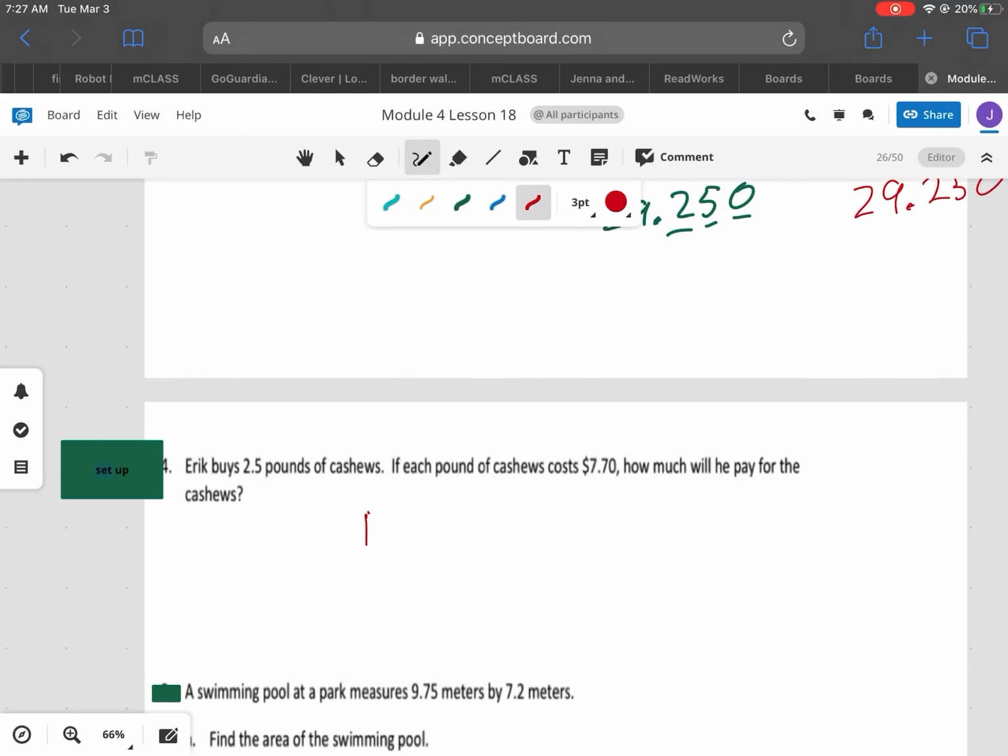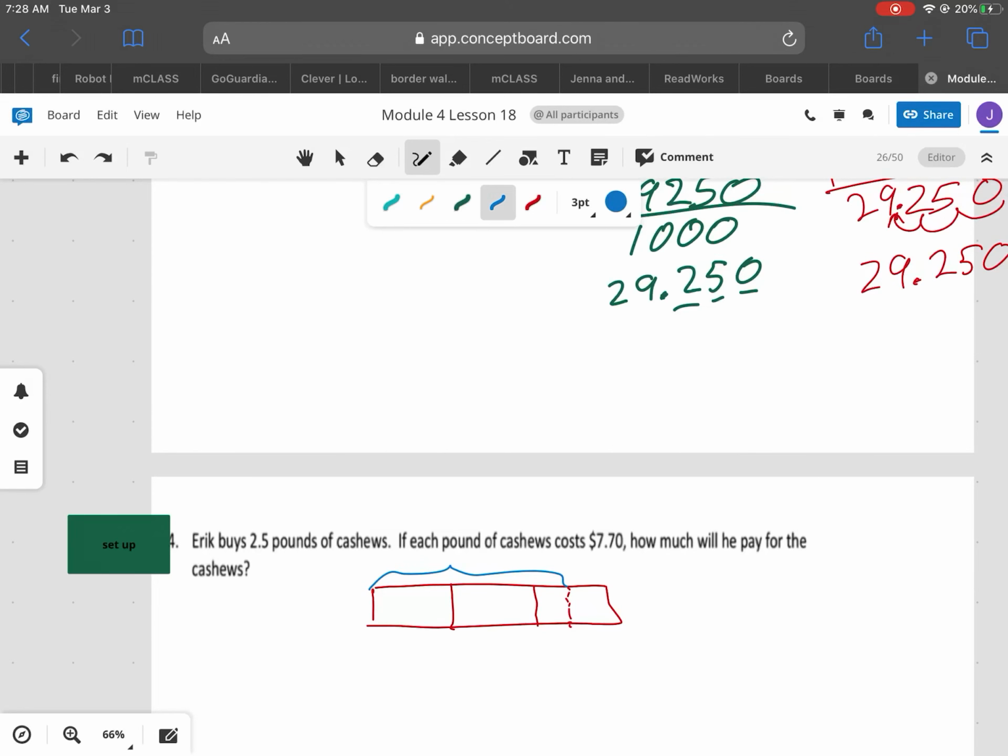All right, so I might do a tape diagram. I will cut it into thirds. But I will only cut this one into half, because that's how much, and we don't know how much he pays. So our question mark's up here, and we do know that each one is $7.70.